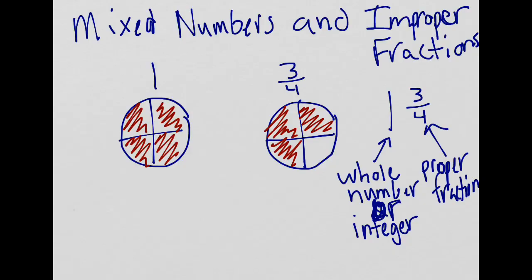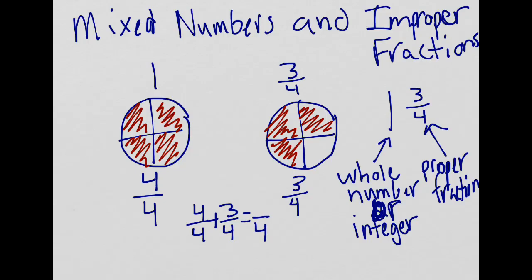You also have the other word, which is an improper fraction. Here I have 4/4, and here I have 3/4. So if I take 4/4 plus 3/4, I'm going to get 7 out of 4 sections, because there's 7 total red sections out of 4 on each circle.